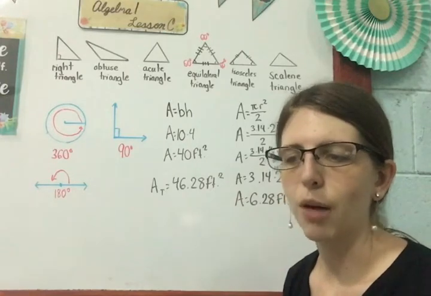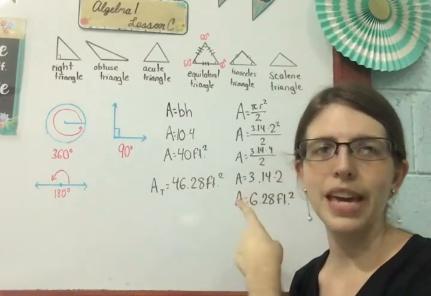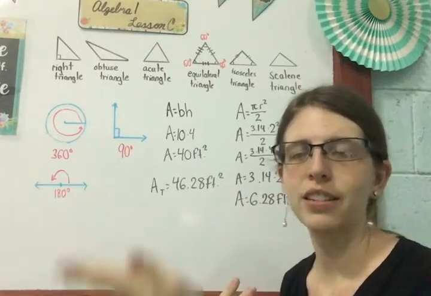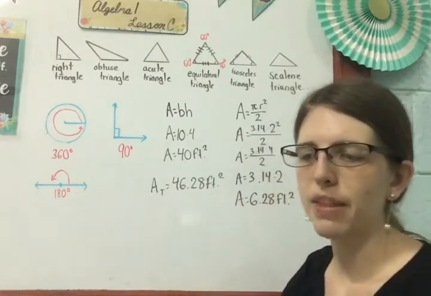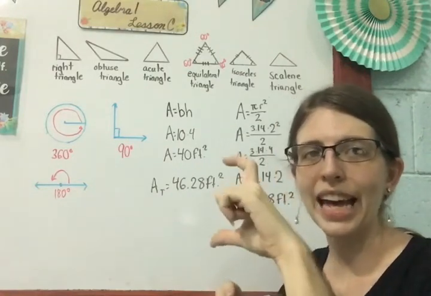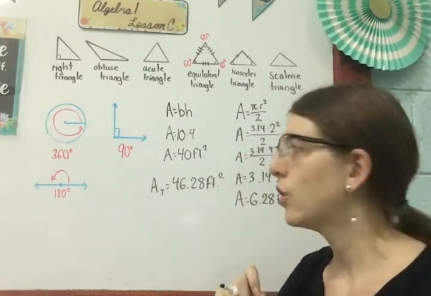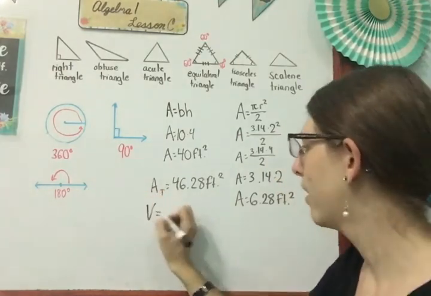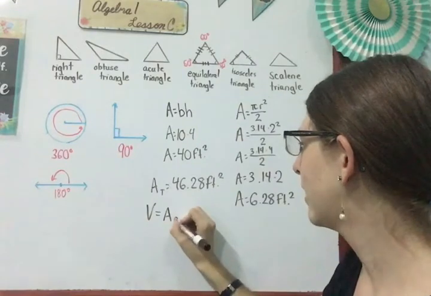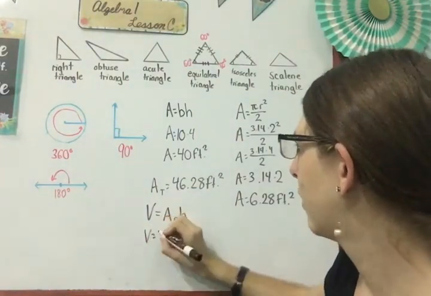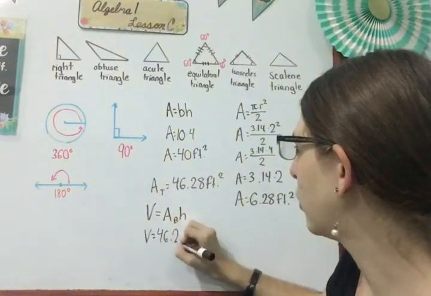Now the second problem just tells you that this base is the base for the shape in the next problem. And its sides, so its height, is 10 feet. So you don't have to do very much to solve this, because remember, your formula is area of the base times the height. You already found the area of the base, 46.28.